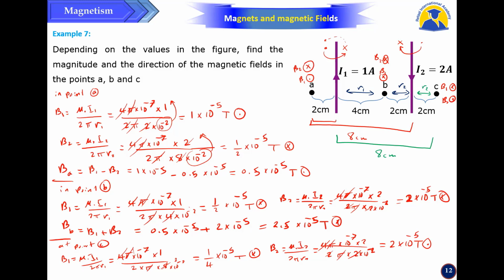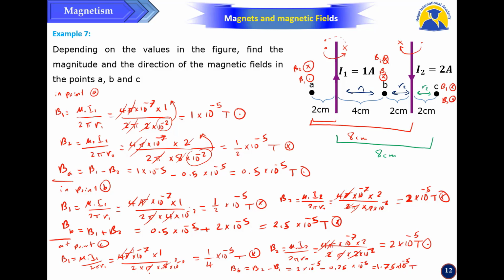Now to find the resultant magnetic field, we say B at point C will equal the highest, which is B2, minus B1, which equals 2 multiplied by 10 power minus 5 minus 0.25, which is a quarter, multiplied by 10 power minus 5, which equals 1.75 multiplied by 10 power minus 5 Tesla, with the highest.